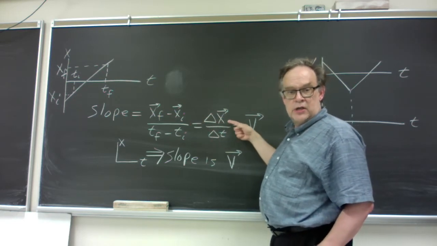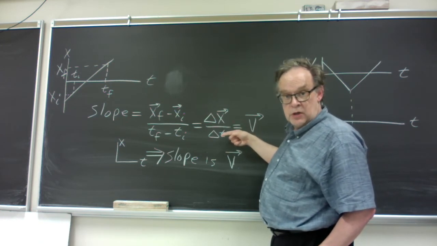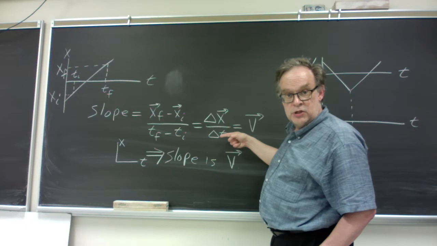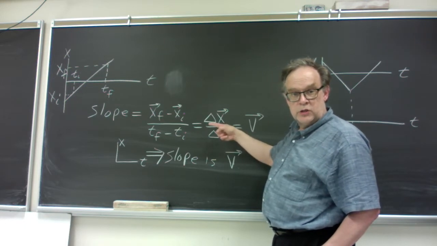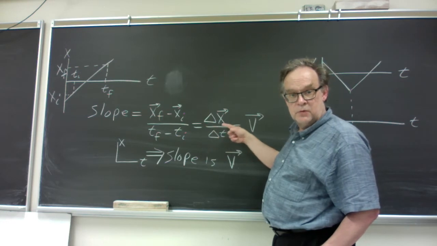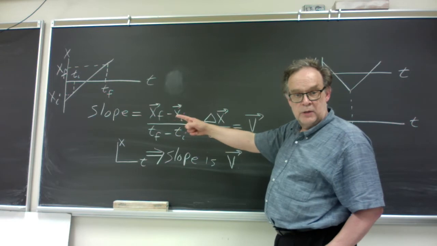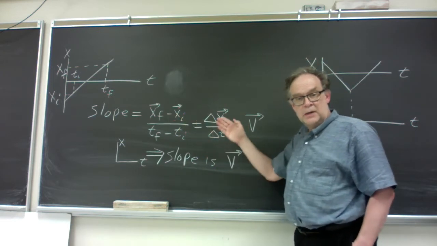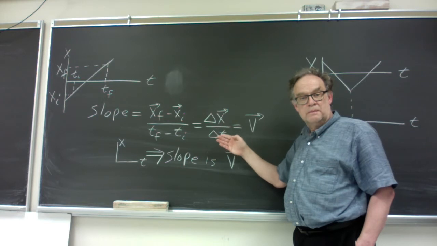I can write change in position, also known as displacement, this way for shorthand, and write change in time this way. Remember, the delta always means change in whatever follows, and the change is always the final value minus the initial value. But this quotient here you've already seen.